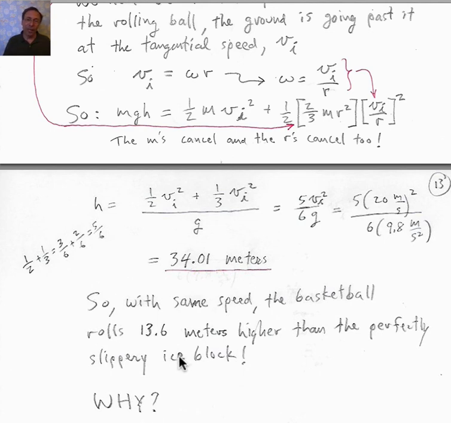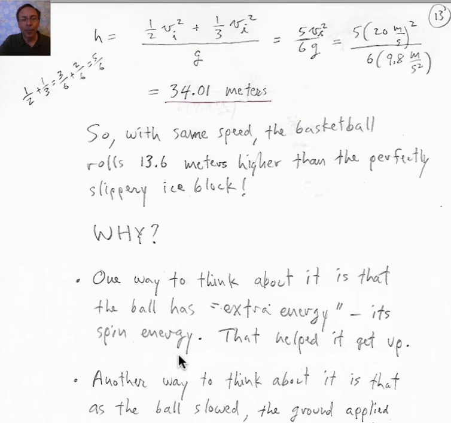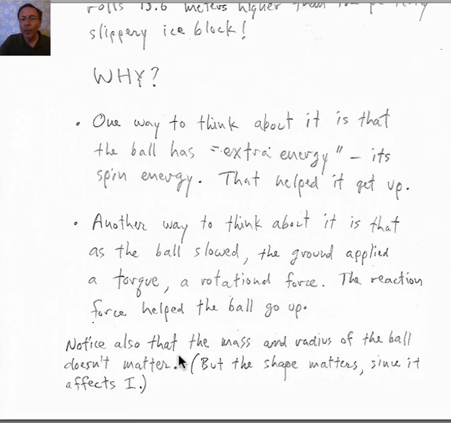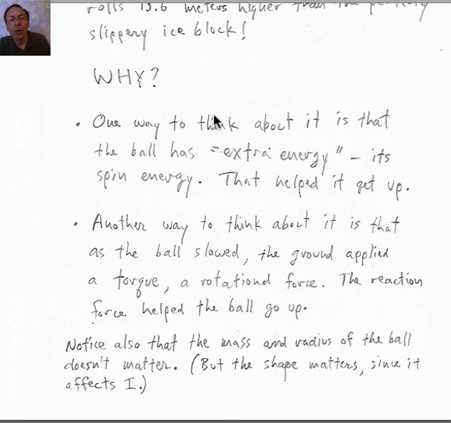I mean, this would be the case if the two objects had exactly the same mass, right? They're going exactly the same speed. So why? All right, well, here we go. I've got a couple ways of explaining it. One way to think about it is that the ice had just kinetic energy of translation.